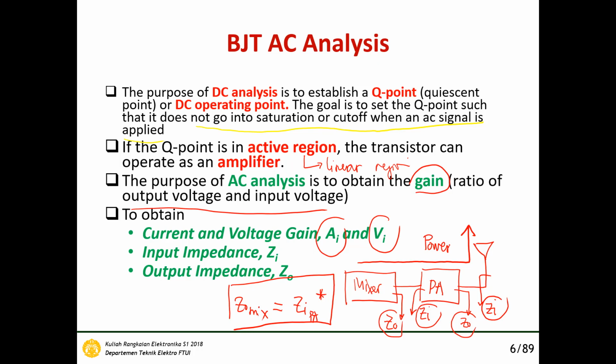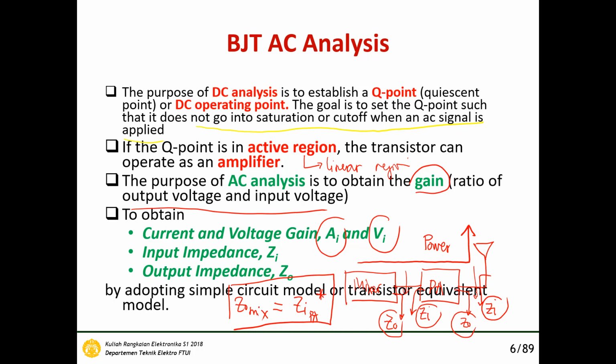But if the impedance matching cannot perform well in this circuit block, the power will be lost in the connection. It's like here is the lost power and this is lost power. So it's very important to make the impedance matching between the circuit blocks in the system.